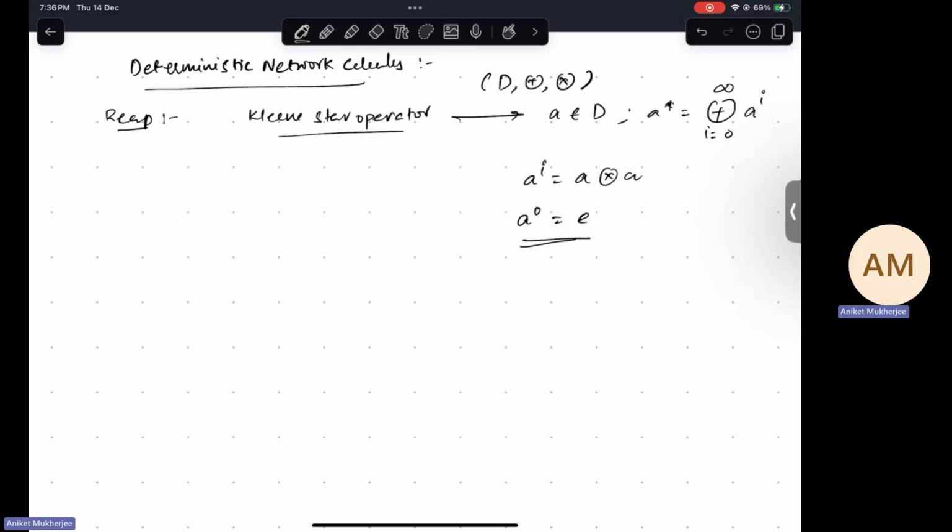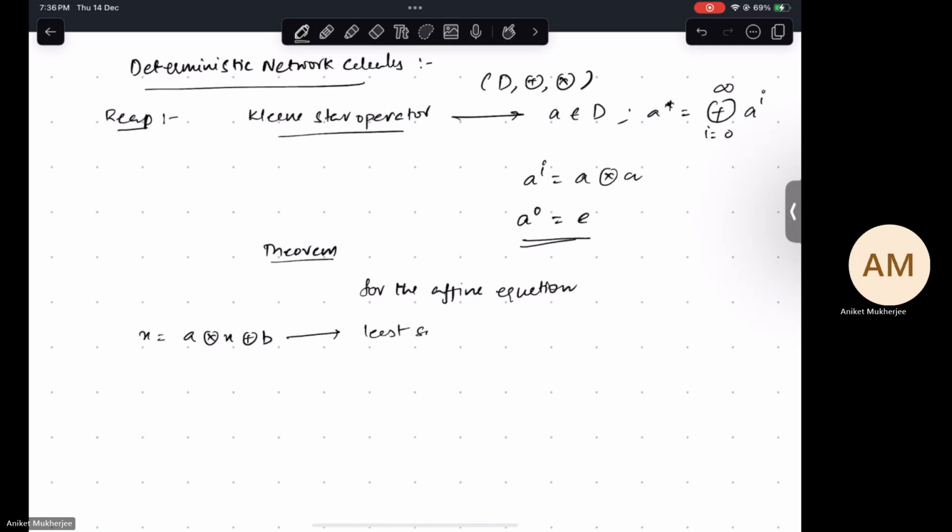Next, we also saw the theorem that for the affine equation x equal to a into x plus b, the least solution was a star into b.